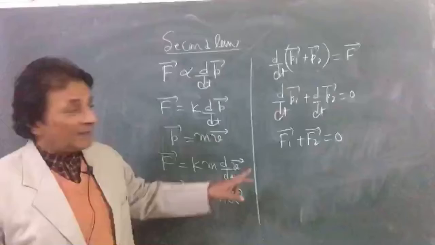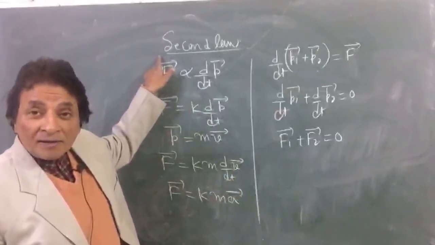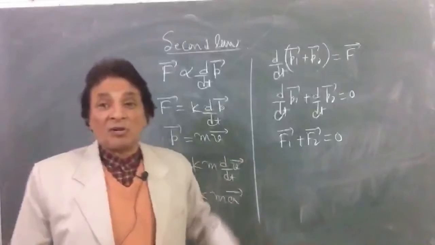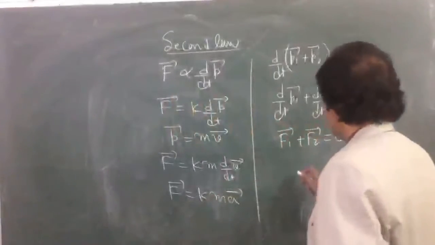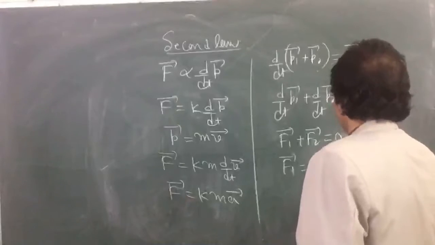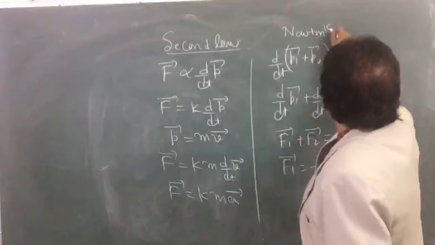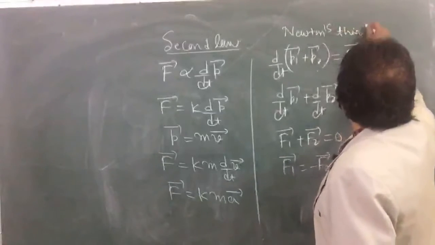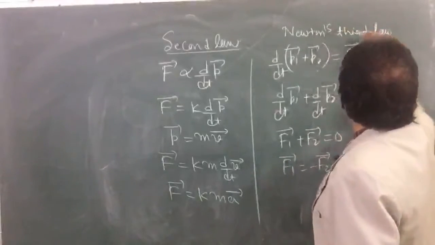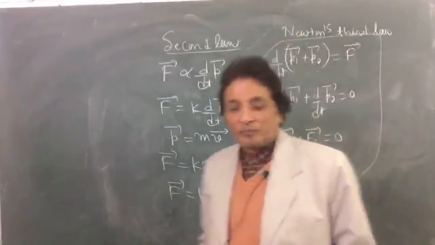It means that the second law is giving us Newton's third law, because F1 is equal to minus F2. This is Newton's third law I had given you.